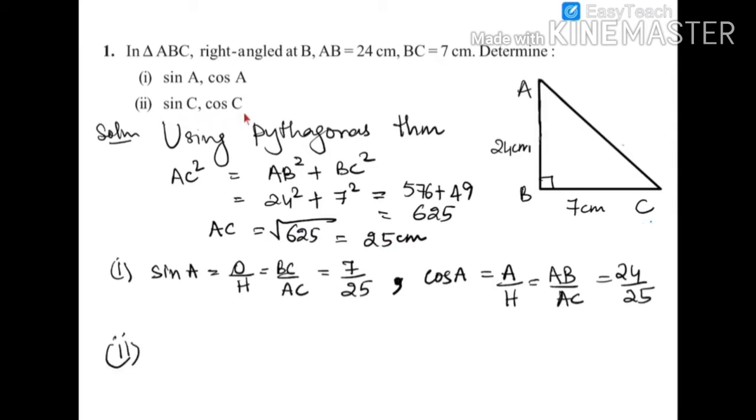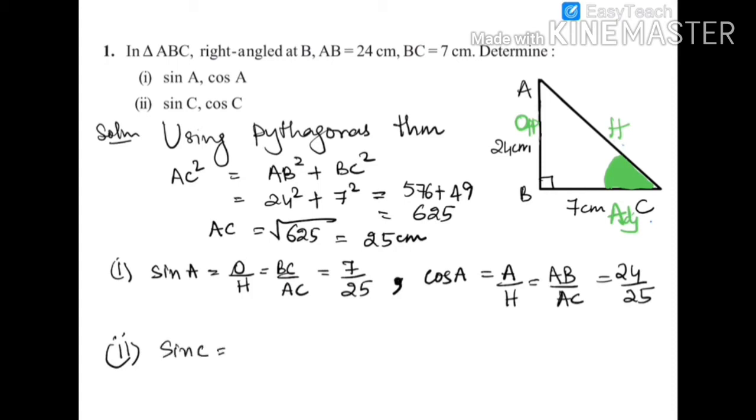The second part are the ratios related to angle C. So we are going to mark angle C in the figure. And so with respect to this angle, the opposite side is AB, adjacent side is BC, and the hypotenuse is AC.